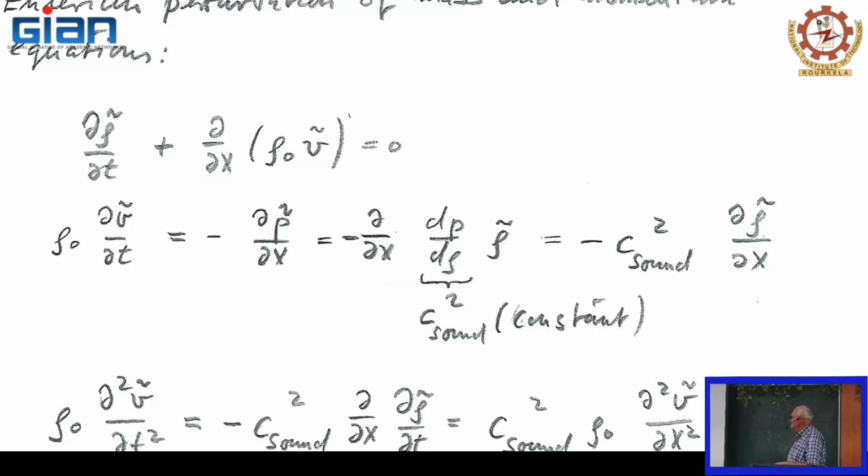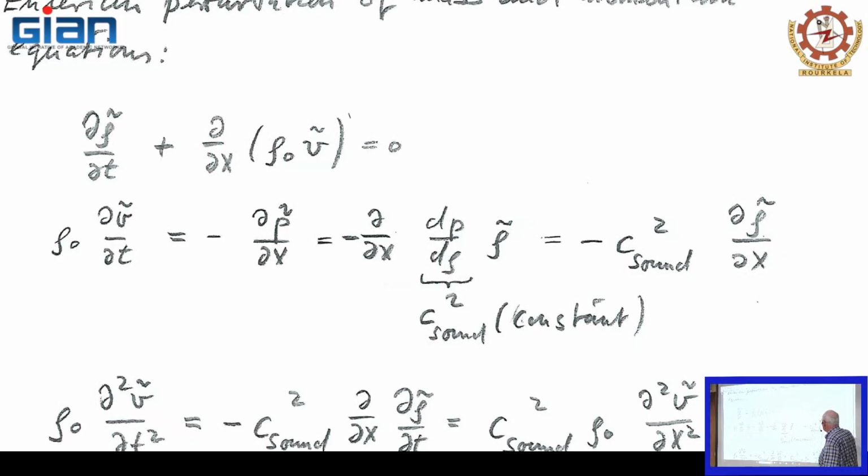Now we replace the density perturbation by the velocity perturbation, simply by differentiating this twice with respect to time and then replacing the d rho tilde by dt by this quantity, the divergence of the velocity. Then we end up with a single equation for the velocity perturbation, which is given as the result.